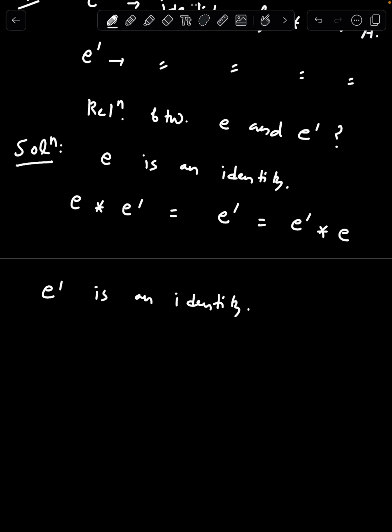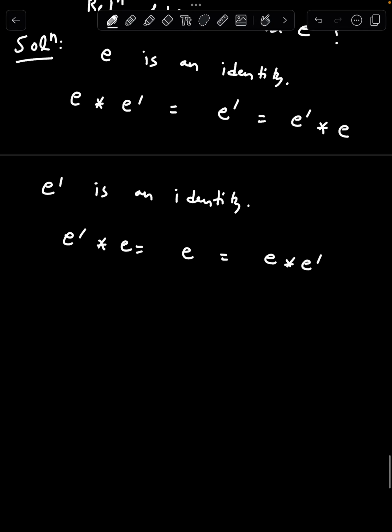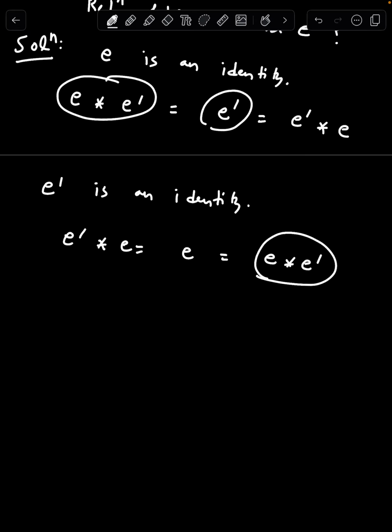So E dash star E should be E equal to E star E dash. But this guy is same as E dash. This is equal to E dash, that is equal to E dash, right?